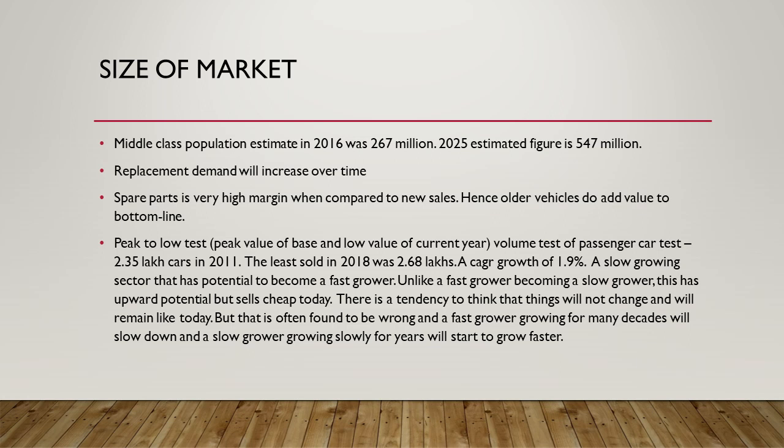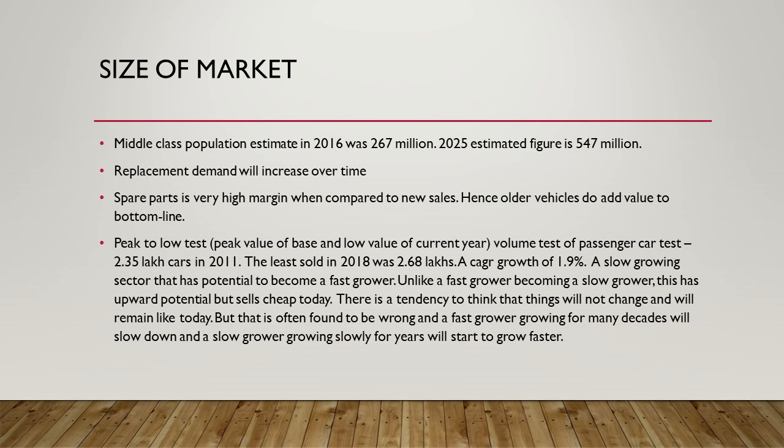Let's look at the highest number of cars sold in any month in 2011. That's 2.3 lakhs. And now let's look at how many cars were sold in 2018, and let's look at the lowest figure in any month, to be conservative, and that's 2.68 lakhs.